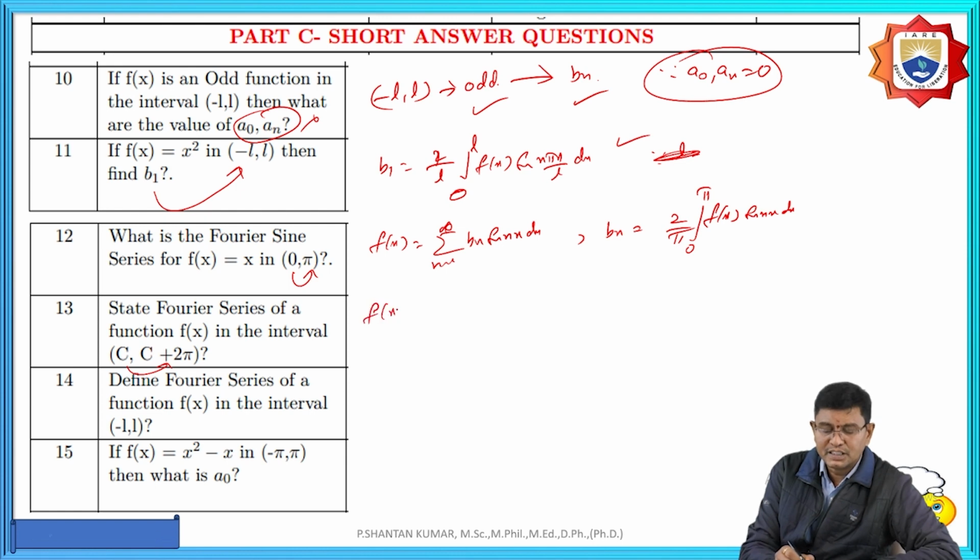The Fourier series is f of x equal to a naught by 2 plus summation n equal to 1 to infinity of an into cos nx plus bn into sin nx.